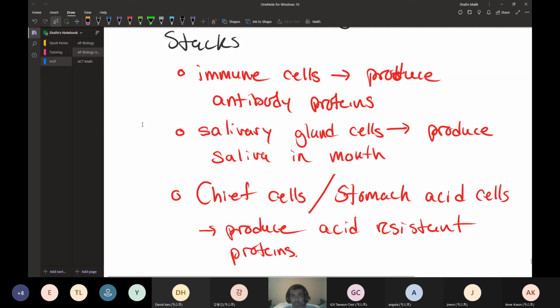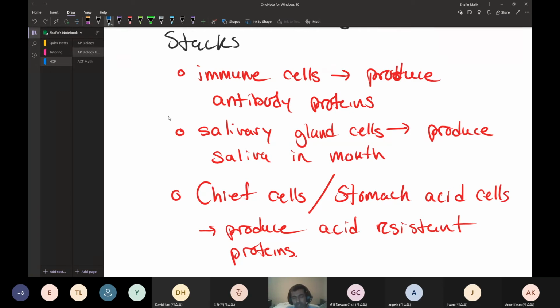Okay, so please try to remember at least one or two of these examples. I don't know yet, but I might ask in the quiz for an example of a cell that produces more proteins. If you do research on your own and you find another example, that is also fine. Let me try to think of a few more.